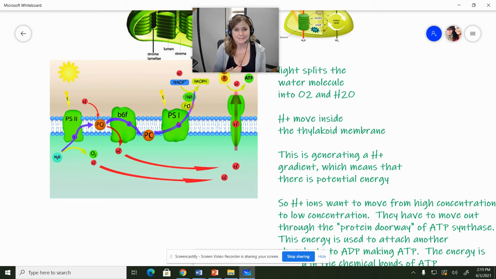It's essentially the same process that's used to generate ATP. These electrons carry energy. Remember that moving electrons is current, and current is electricity, and electricity is energy, right?